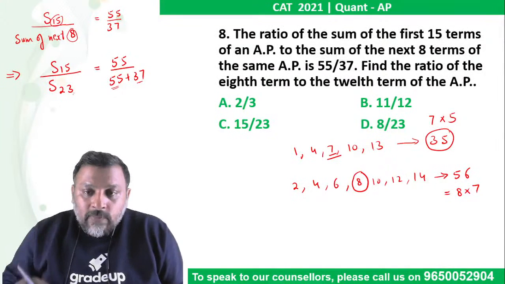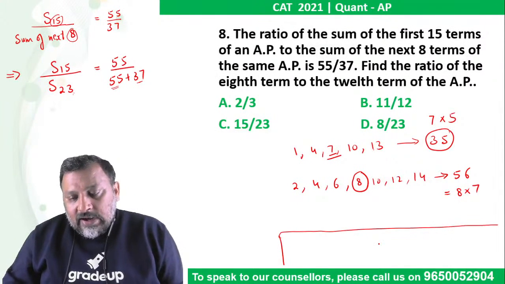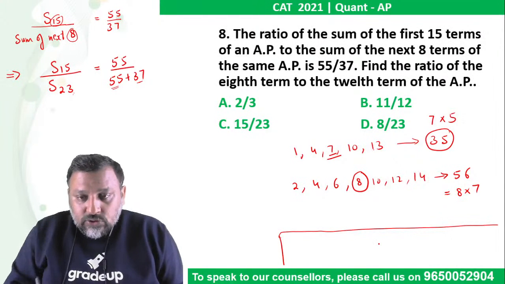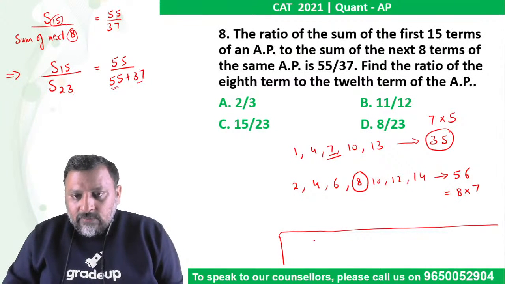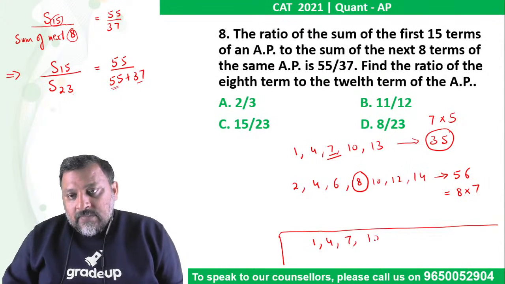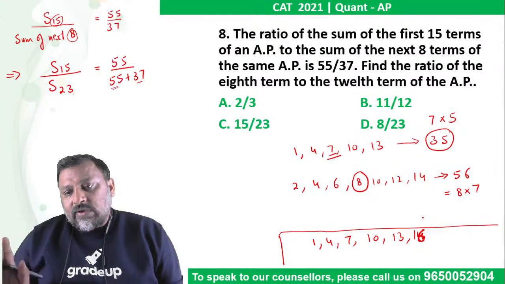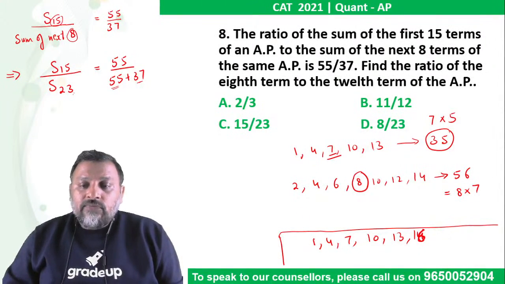Okay, and it is not very relevant to this question, but I am explaining one more thing. If I have an AP, whether it has odd or even terms, this concept will work for any AP.